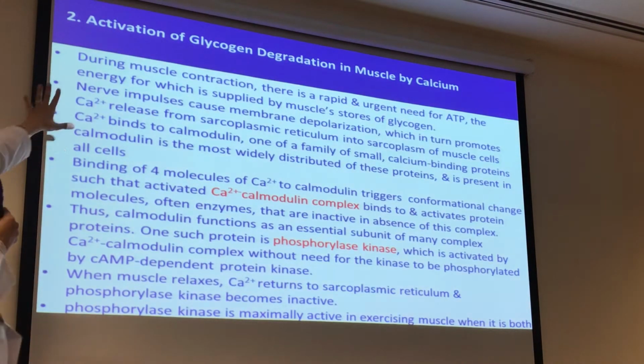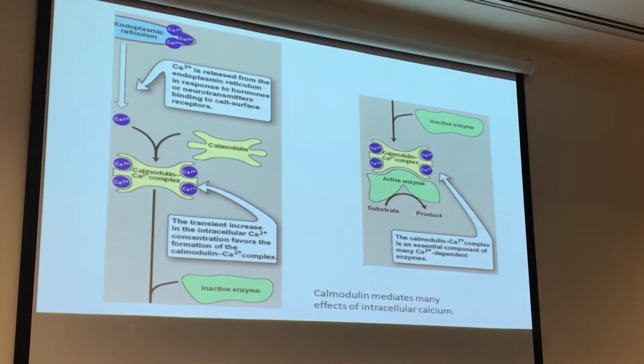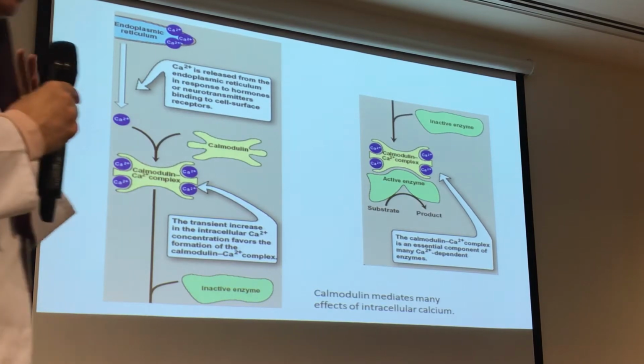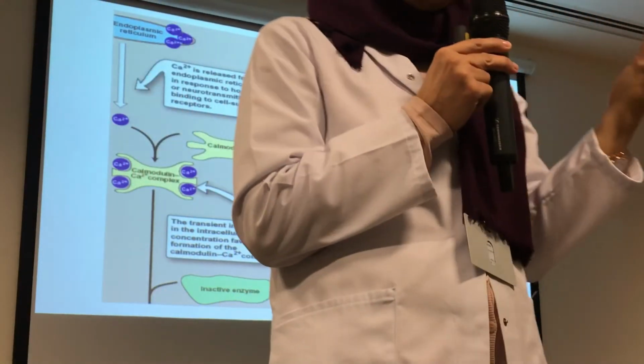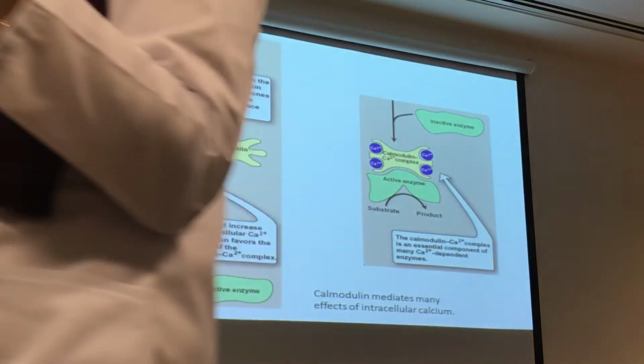Now we have all this text that talks about this figure, which is from your book, about calcium. This is the regulation in the muscle. I'm sure you learned in physiology that when your muscle contracts, calcium is released. Where is calcium released from?